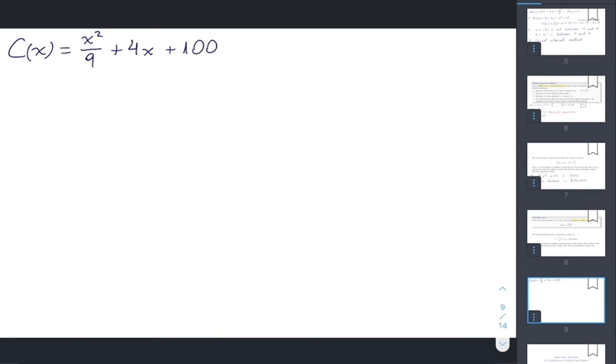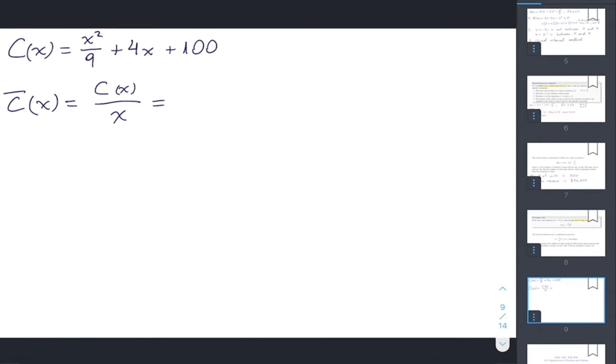So let's start by finding the average cost function. So remember, if the cost function was given by this, then the average cost function that we're denoting as c bar of x will be equal to the cost function divided by x.